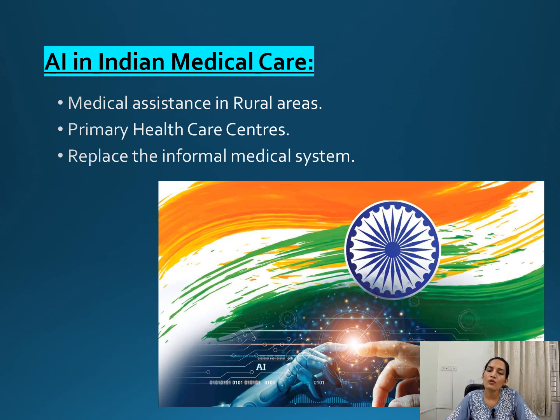That is where the role of artificial intelligence comes in, especially in the rural part of India. The rural part of India is also suffering from the availability of fake doctors.